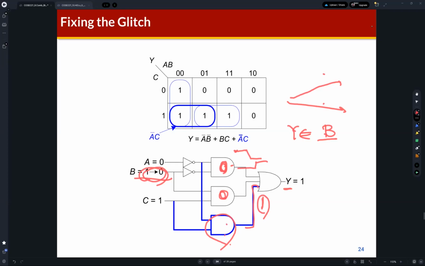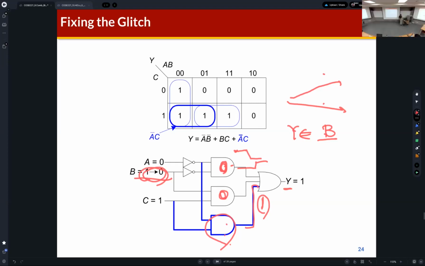But it's not good. Why? Because we need to add more hardware resources. More hardware resources are added, so I don't like it. We don't like this situation either.